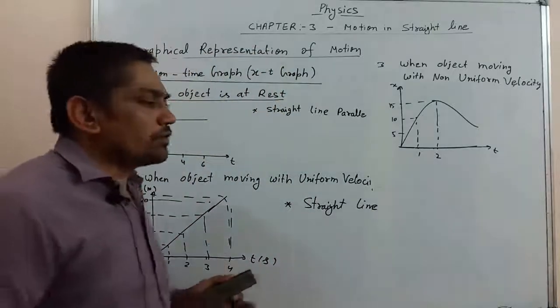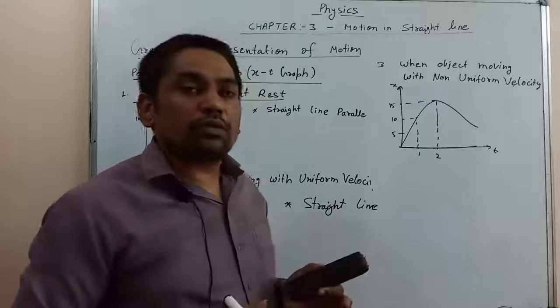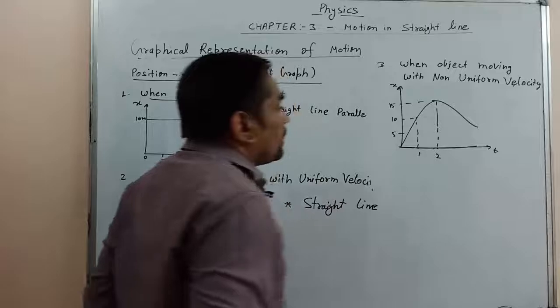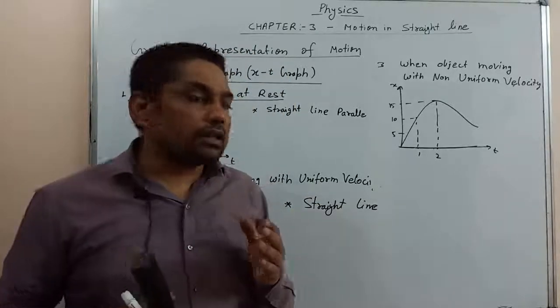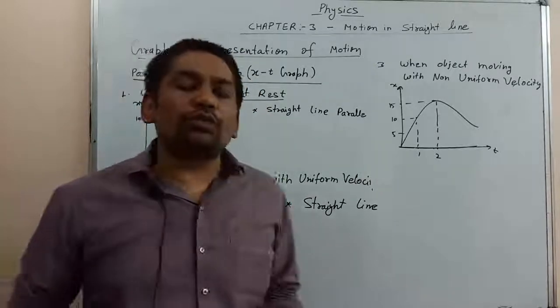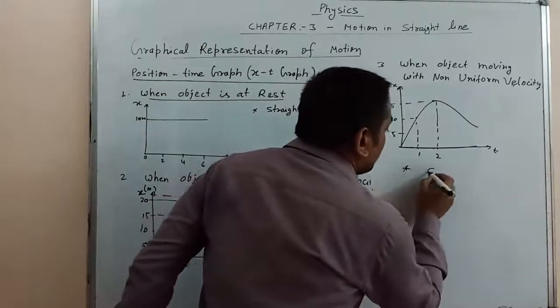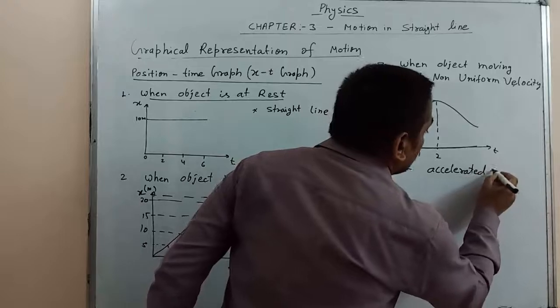So this kind of motion, the object is said to be moving with a non-uniform velocity. A curved graph between displacement and time represents the motion of the object with a non-uniform velocity, or we can say that this is the accelerated motion.